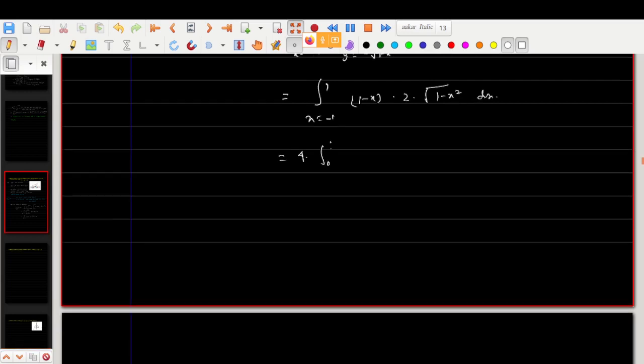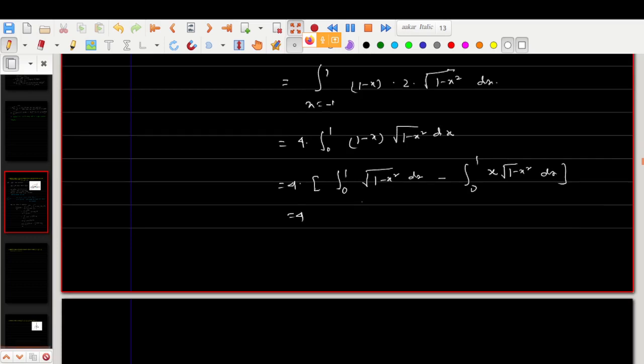4 times the integration, because 1 minus x square is an even function, so I can write it from minus 1 to 0 and 0 to 1, and since it is an even function, it turns out to be this quantity, root over 1 minus x square dx, and this one is the integration 0 to 1 of root over 1 minus x square dx plus the integration 0 to 1, sorry, there will be some negative sign here, and this one is minus x root over 1 minus x square dx.